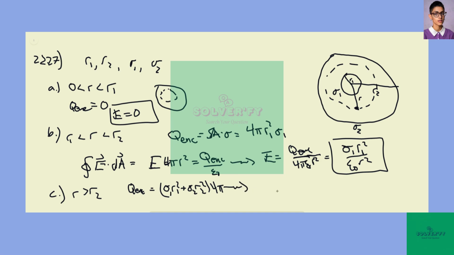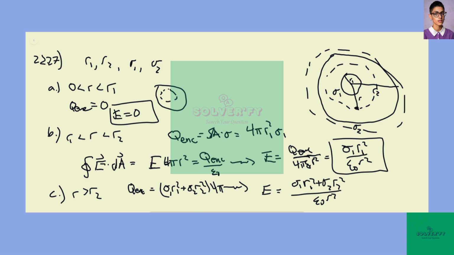We can put that back into our equation, and the Gaussian surface out here is going to enclose all of those charges. So this just becomes sigma 1 R1 squared plus sigma 2 R2 squared, all over epsilon naught R squared.